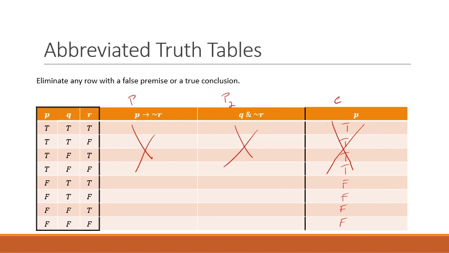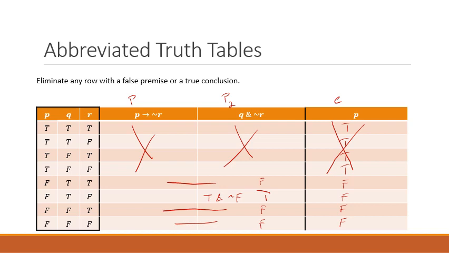So that'll be down here in line 6, where Q is true and R is false, but R is negated, so it'll turn out to be true. So I'll have true and true, so the whole thing will be true. But everywhere else in these 4 lines, it'll be false. So false premise in 5, 6, and 8.